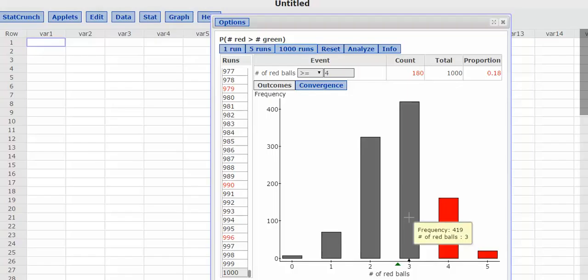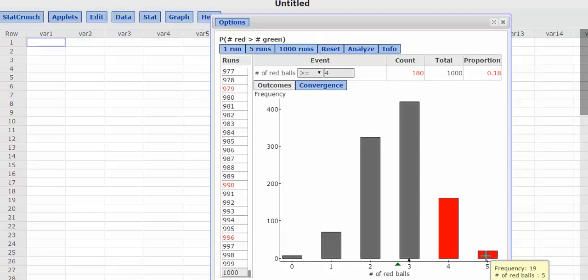And now we get to the ones that are interesting. We had 161 of the experiments result in 4 red balls chosen, and 19 of them had the number of red balls equal to 5.